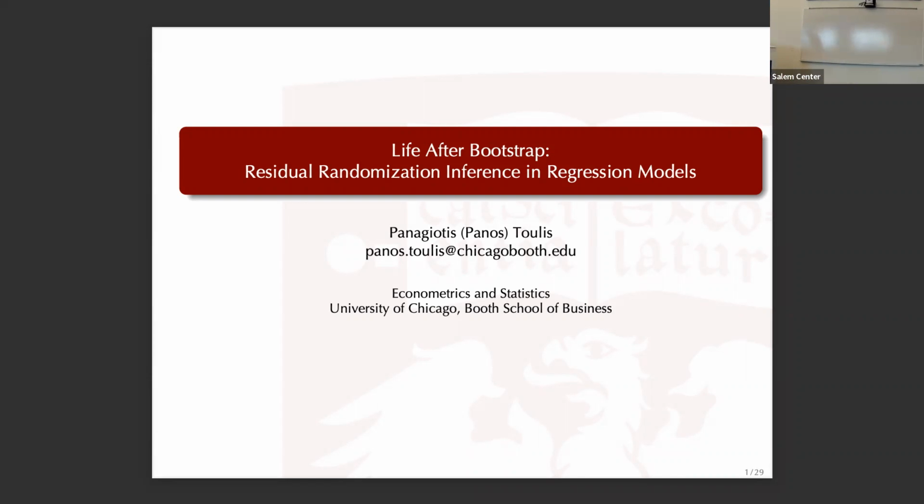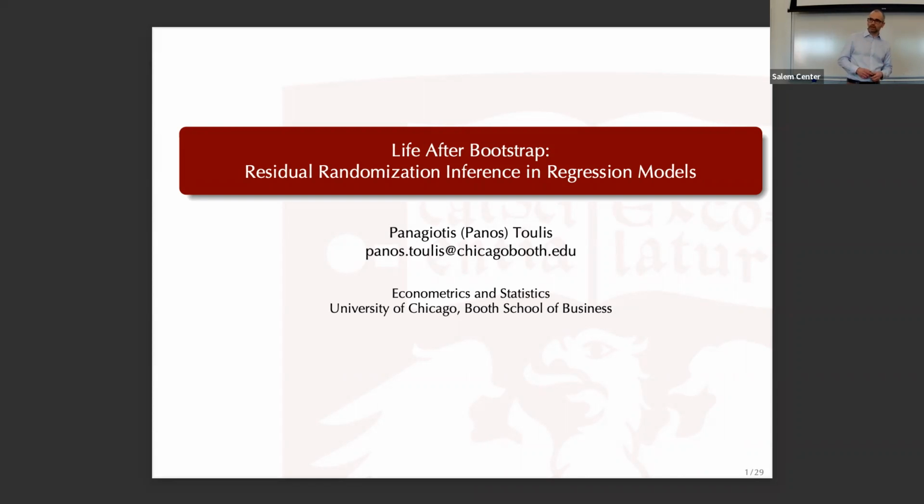Today I want to talk about what I call residual randomization inference. It's a project that's been a good part of my work, really. This is the third year, and very recently I got some results that I'm genuinely excited about. This is not strictly a causal talk.